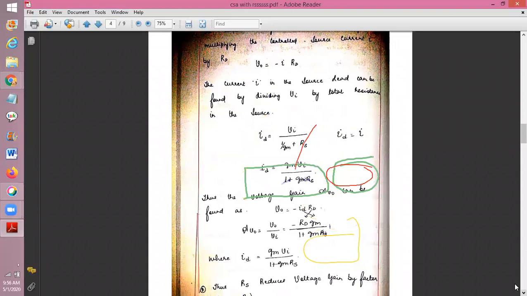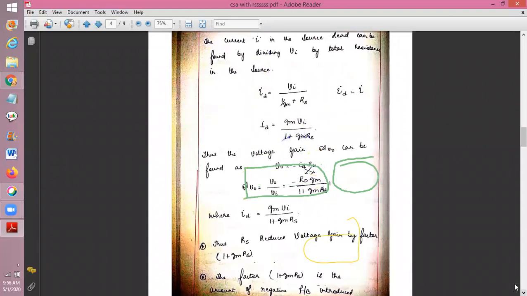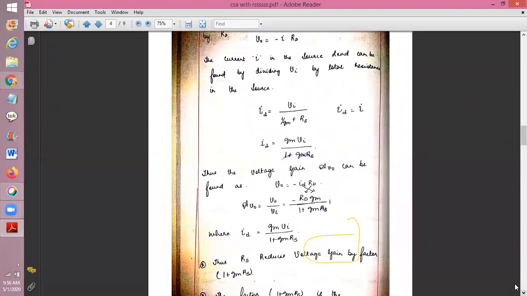So if you substitute into the equation, V naught is equal to minus ID into RD. For ID, I am replacing Gm into Vi divided by 1 plus Gm into Rs. Now I will bring this Vi to the denominator. So V naught by Vi. Can you find RL here?